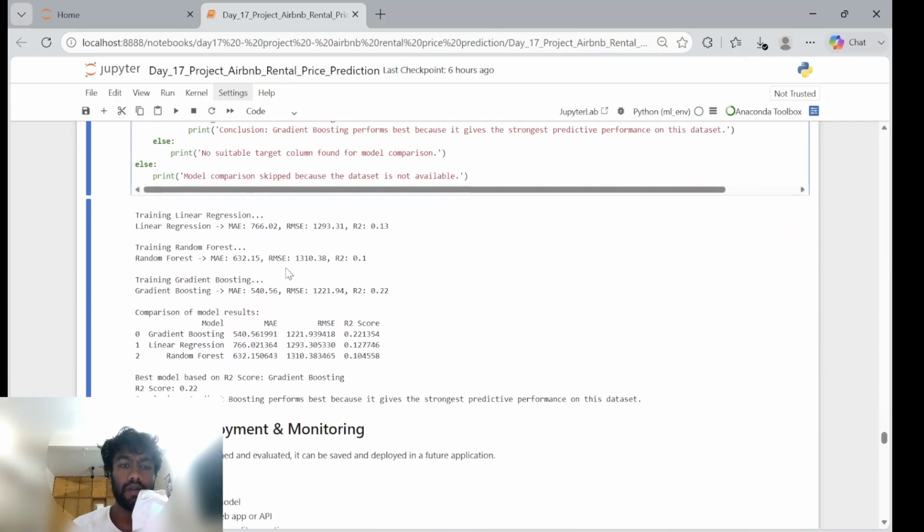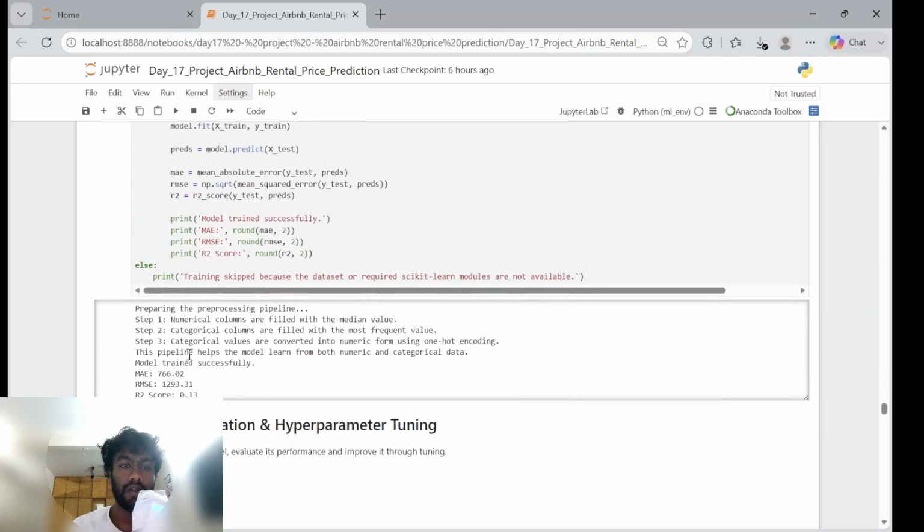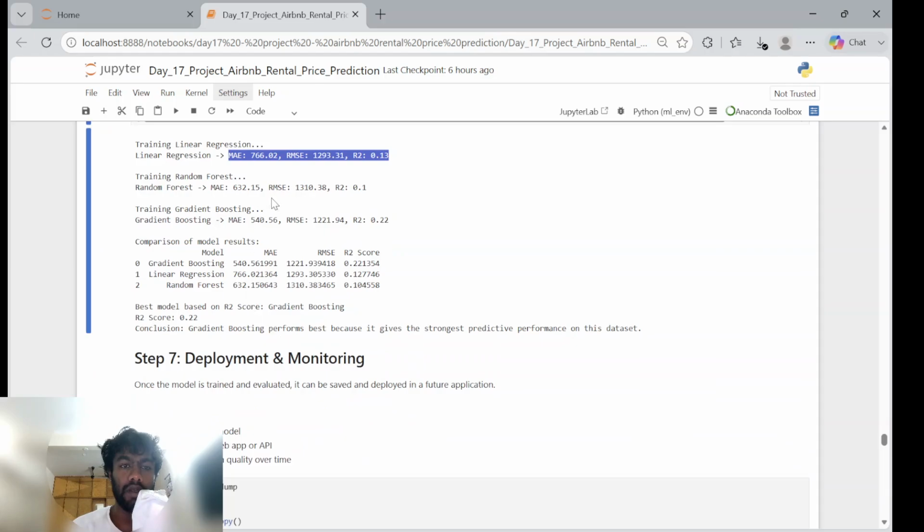And we see the set of results with mean square error having 766 and random forest having 632, gradient boost having a value of this. Most importantly, random forest is a best model that we can see here.